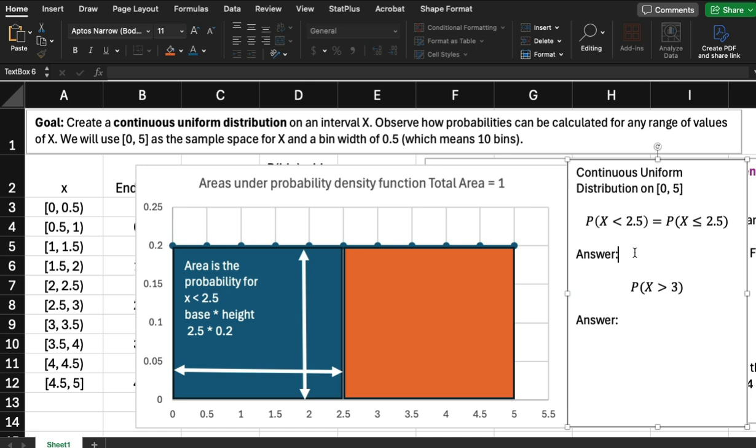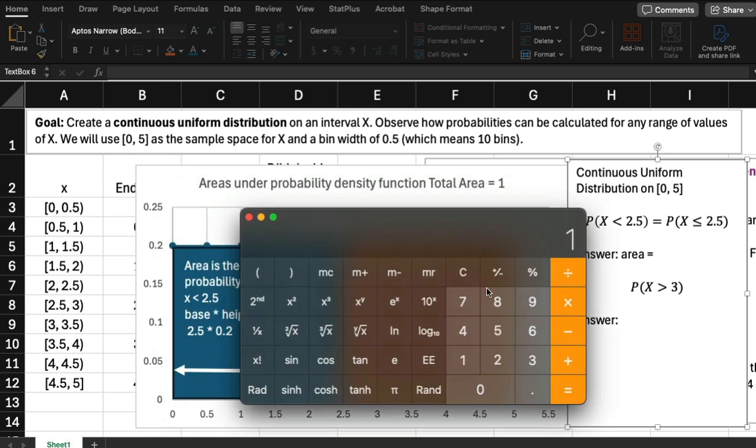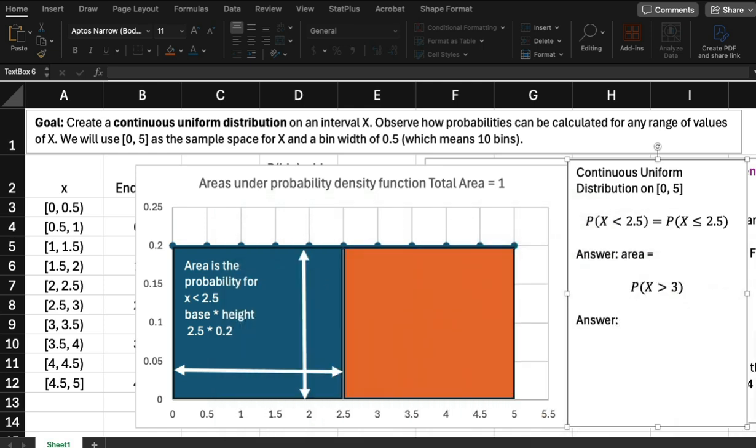The total probability of that is going to be the area. Area is base times height, right? So base times height is 2.5, that's the width, times 0.2, which is the height. 2.5 times 0.2 equals exactly 1/2, 0.5.